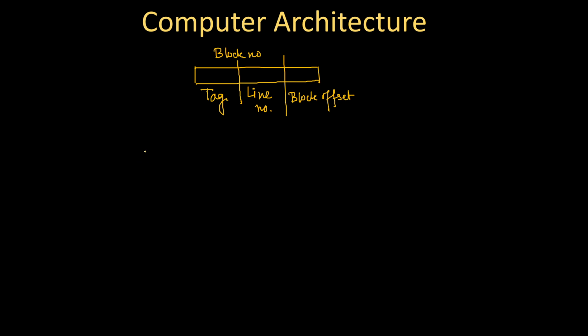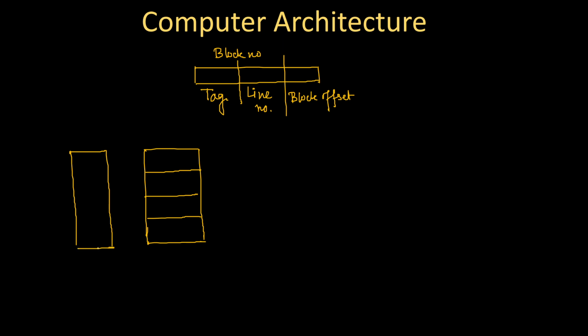So each and every cache line is associated with another memory, which we call tag memory. If we consider that this is my cache memory, and there are certain lines in the cache, for example 4 lines, there is a separate memory location over here for each and every cache line.